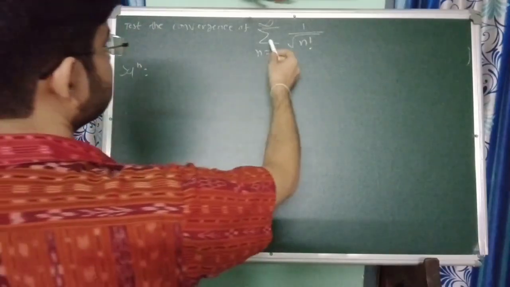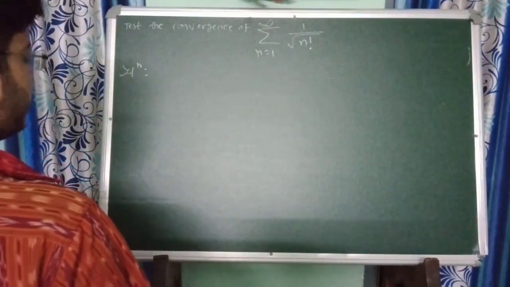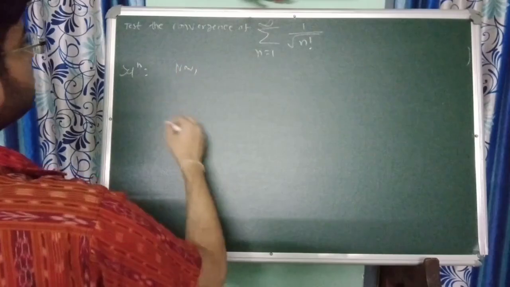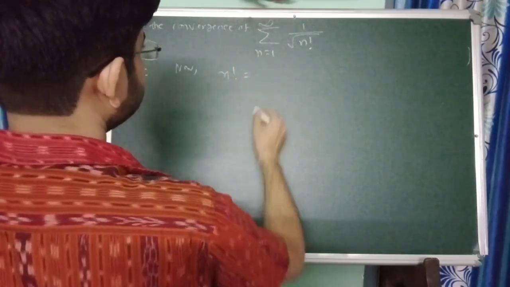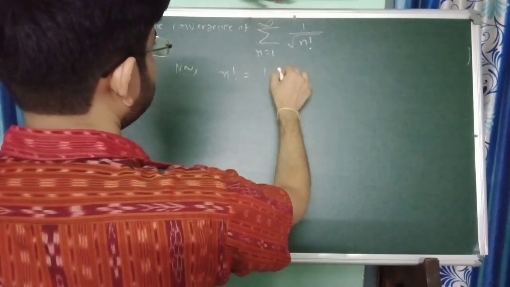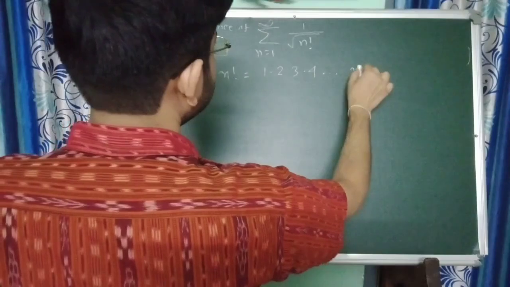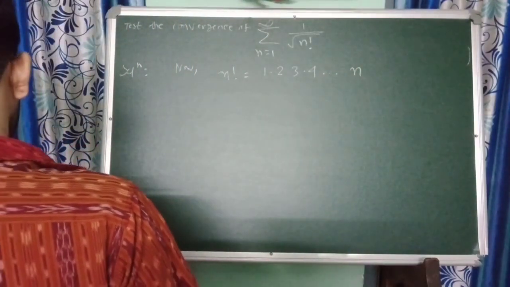Test the convergence of summation 1 by square root of n factorial. Now by the definition of factorial we have n factorial equals 1 into 2 into 3 into 4 up to n. This is the definition of n factorial.